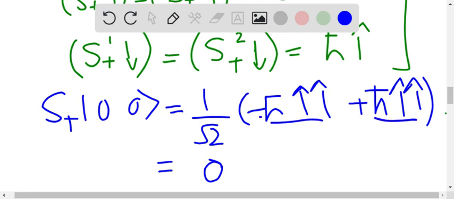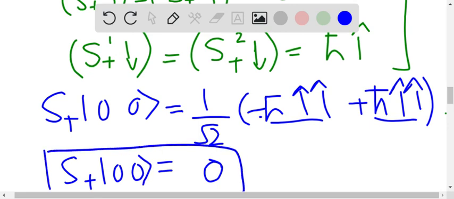These two terms cancel out, and anything multiplied with 0 is 0. So from here we conclude that S positive |0 0⟩ is equal to 0.